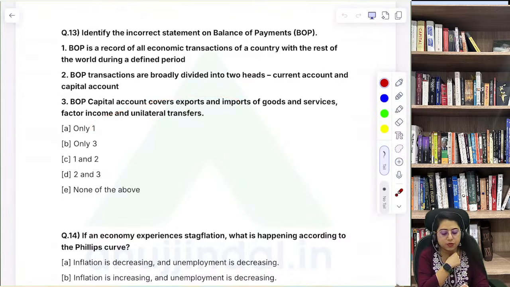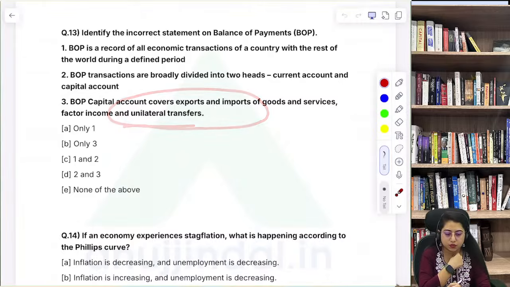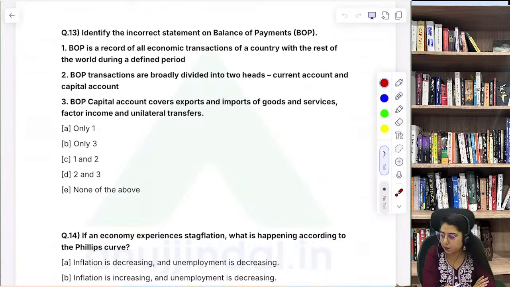Okay, what is the difference between unilateral and bilateral transfers? And what is the correct answer over here? Which statement is incorrect over here?